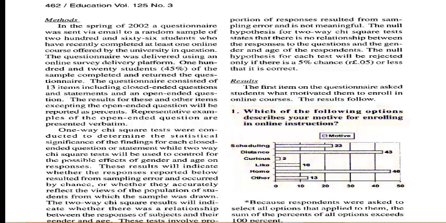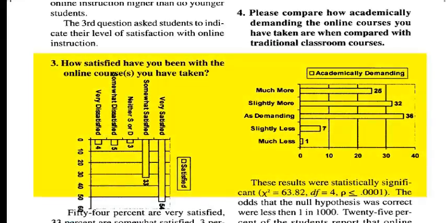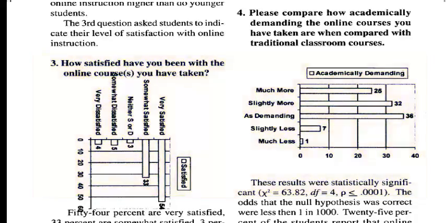That is just nominal data. So that's why the chi-square is being used. You'll see that throughout their questions, whether you go to question 2 or question 3 or question 4, they're using nominal data to answer the questions, such as academically demanding is their category. And so throughout this study, you see the use of the chi-square.